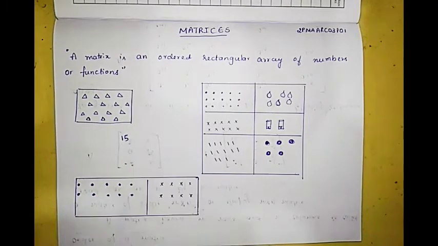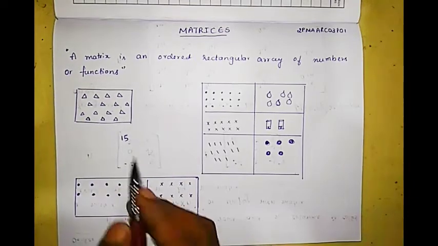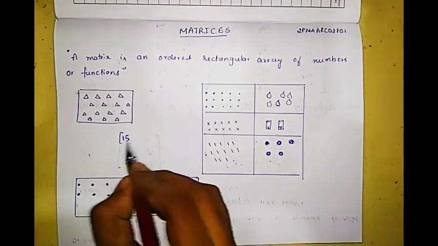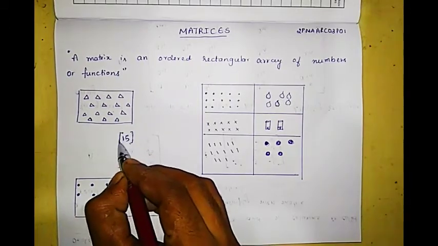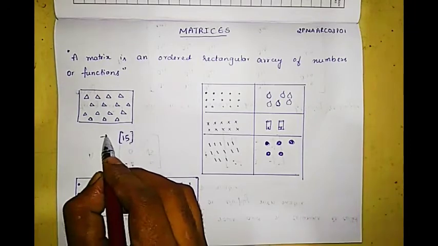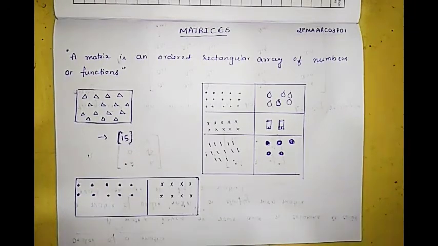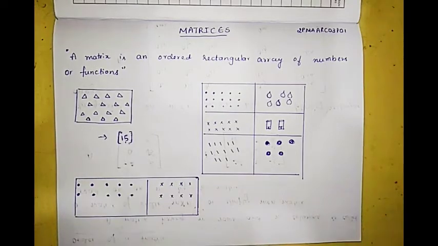Only one kind of element is present in this box, and the number is 15. If you enclose this by a square bracket, then this is one example of a matrix which contains only one element, which is a number.